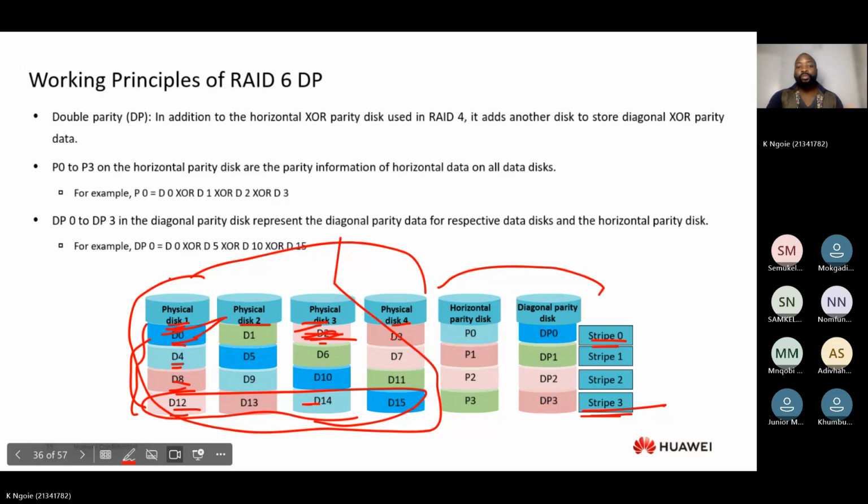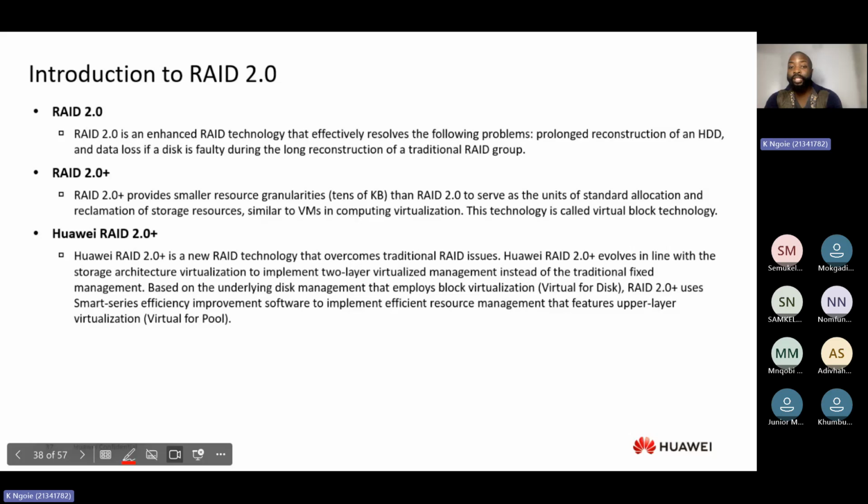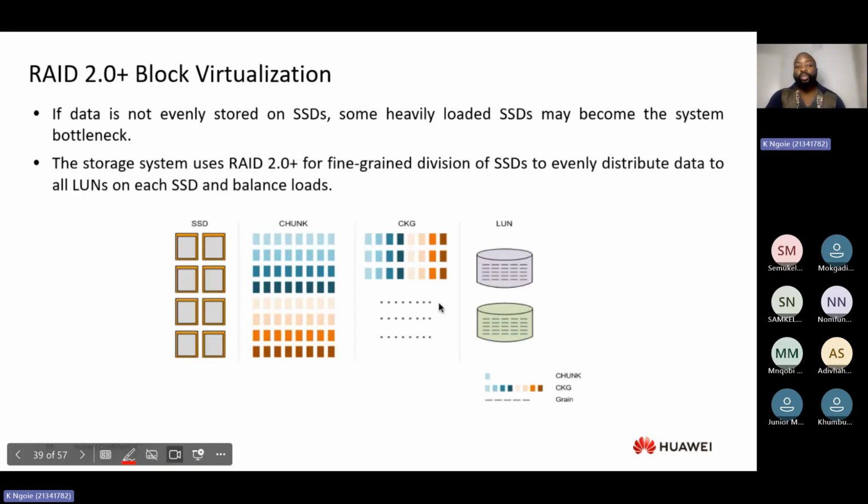All right. So that's what that means. Okay, so why does this method matter? Because it's going to help us with a faster reconstruction of the disk, because the CKs are rebuilt instead of rebuilding the whole disk, right? So that is very important. All right.